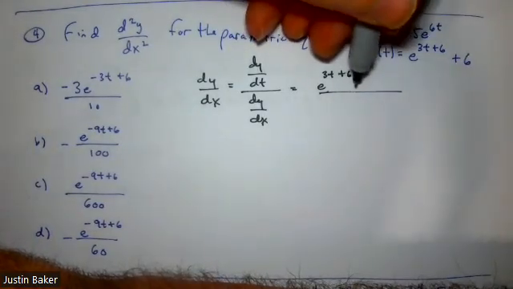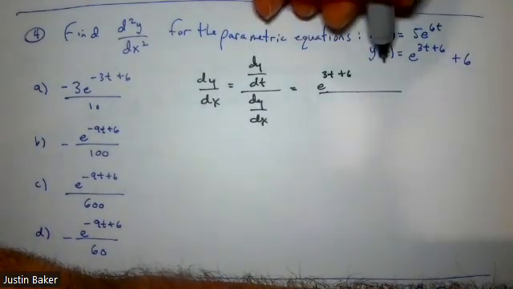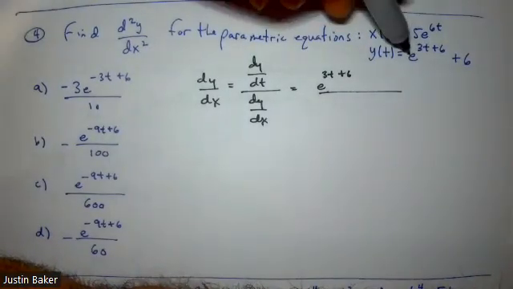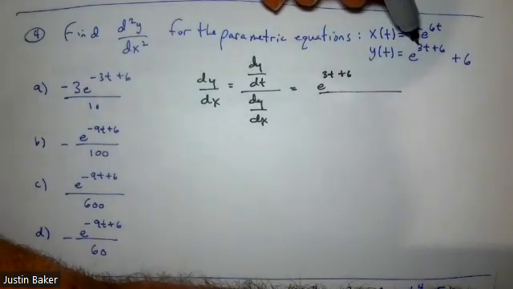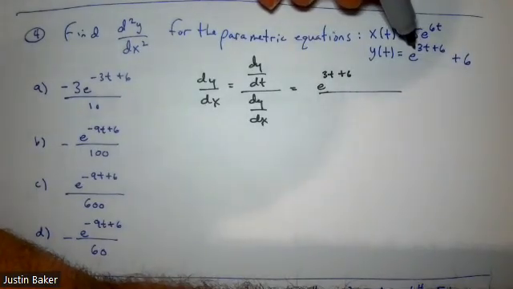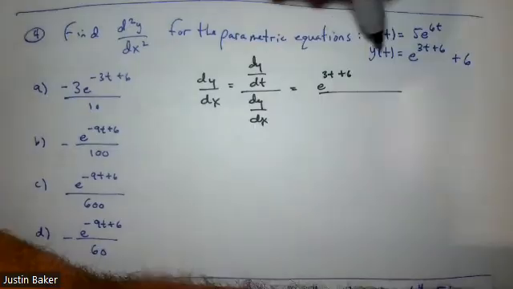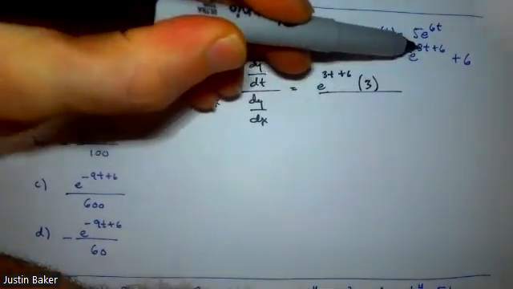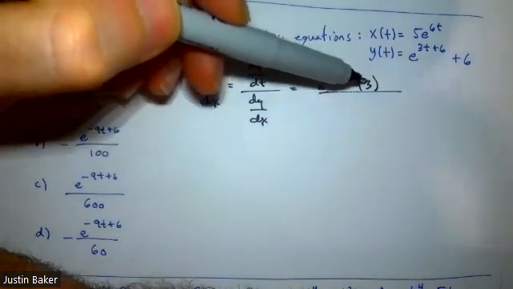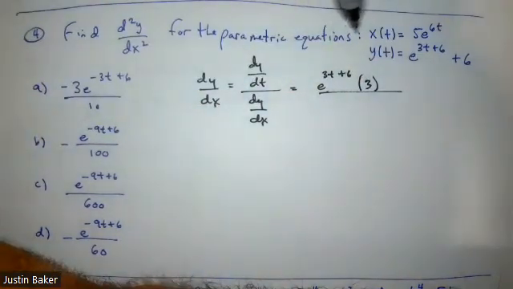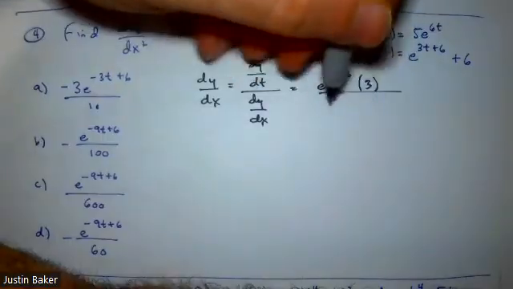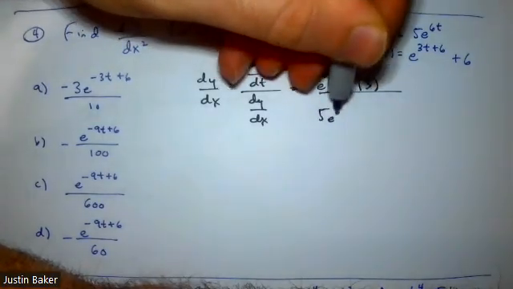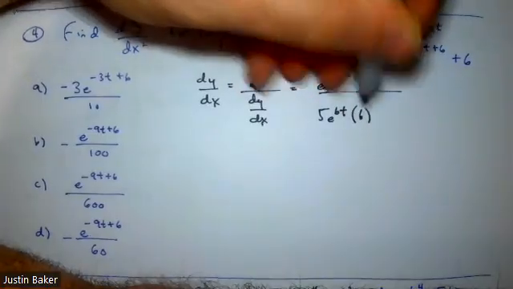So that's going to be e. We should just be able to throw a 3 in front of that, right? Let me see here. Yeah. So that's just going to be times 3. So this is e to the stuff times the derivative of the stuff. And on the x one, it's going to be e to the stuff times the derivative of the stuff.